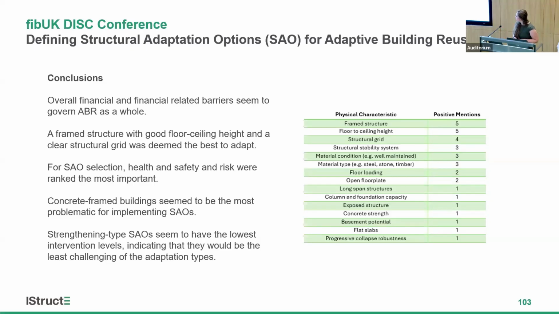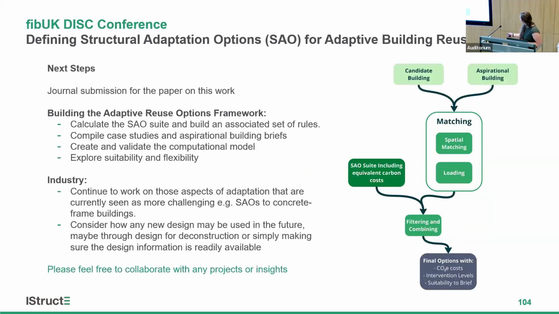In terms of the structural adaptation options themselves, it seemed that the concrete frame buildings were at least viewed as being more challenging to implement our structural adaptation options. And then finally, of the 4 different categories of structural adaptation options, the strengthening type adaptations seem to have the lowest barriers or were least problematic.